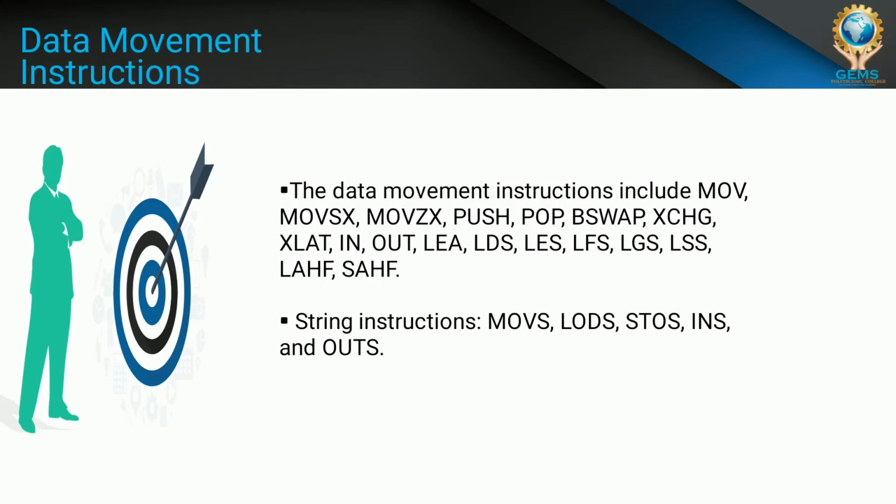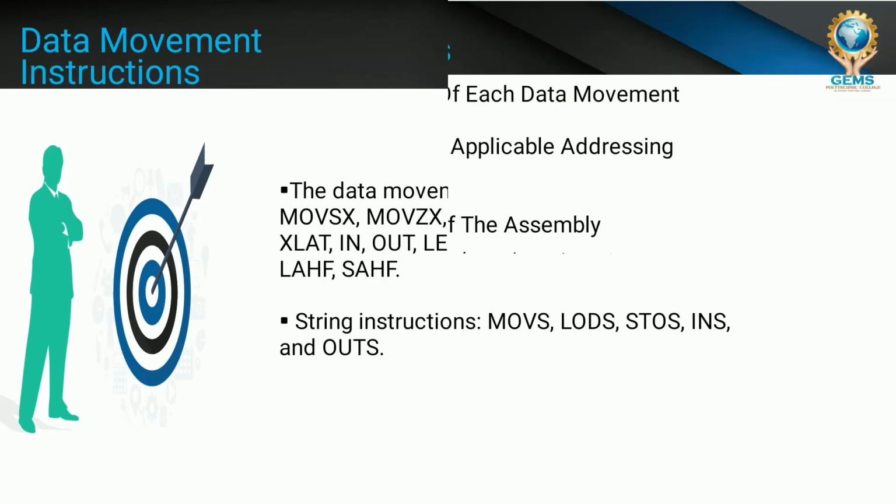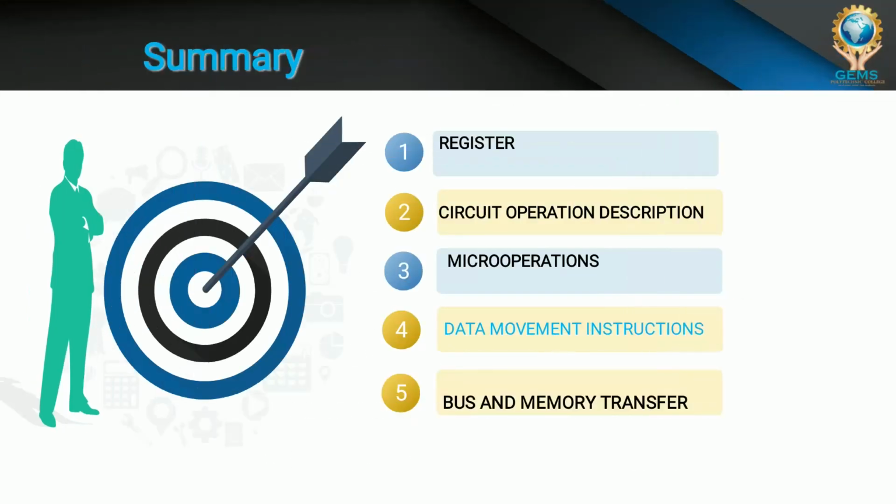For example: MOVSX, MOVZX, PUSH, POP, BSWAP, XCHG, XLAT, IN, OUT. These are the different kinds of assembly or data movement instructions in a computer. Based on these instructions micro operations are performed, or data moves from one register to another register. Thank you for listening.